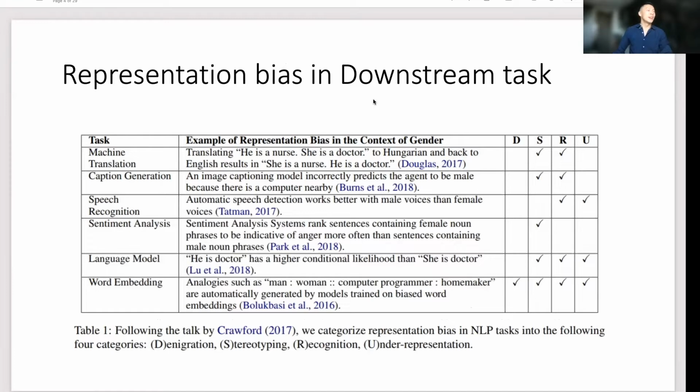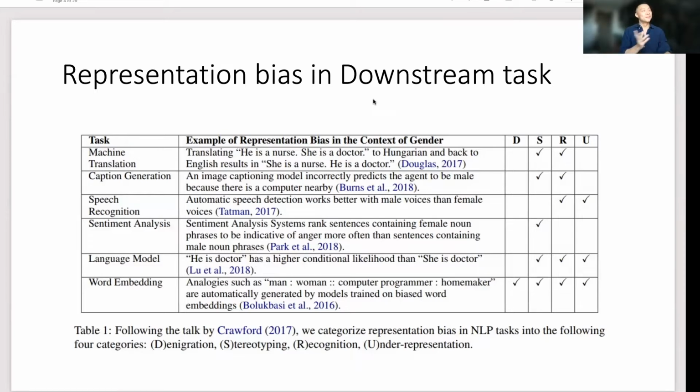This is quite an embarrassing kind of error actually. If you use machine translation and you translate, we call this back translation, the English sentence "he's a nurse, she's a doctor", this is totally fine, right? Because anyone can be a nurse, anyone can be a doctor in a perfectly unbiased world.